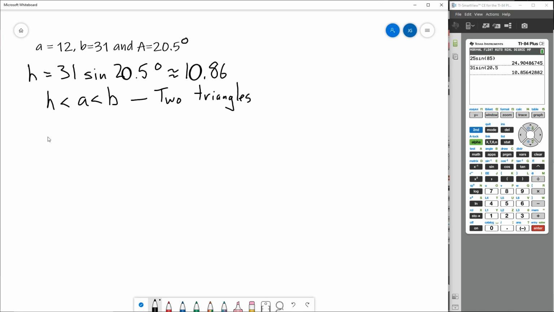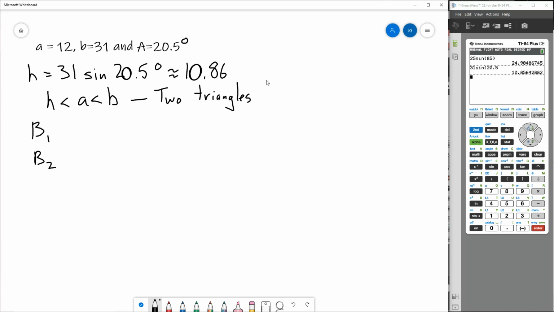So our first step is going to be to find my B angles. I'm going to label them B1 and B2. B1 is going to be an acute angle. B2 is going to be the supplement to B1, and that means it's going to be an obtuse angle.